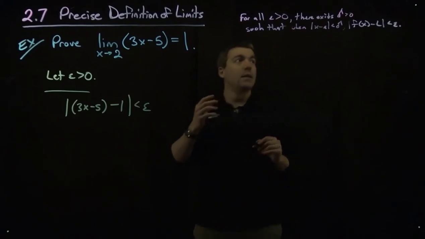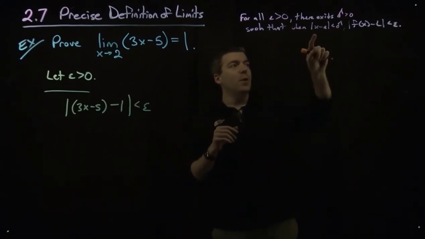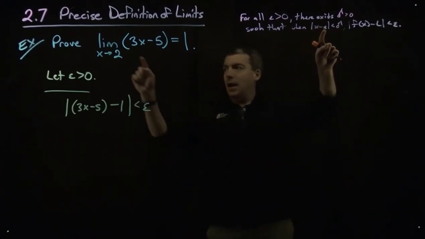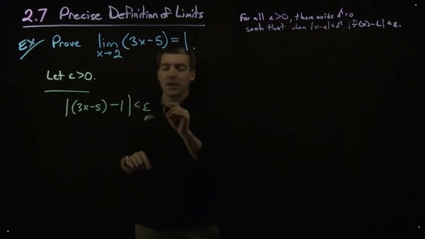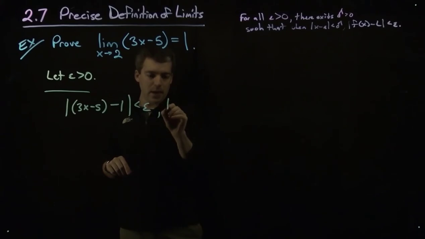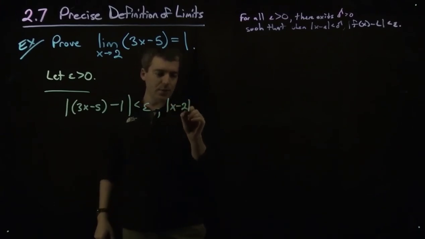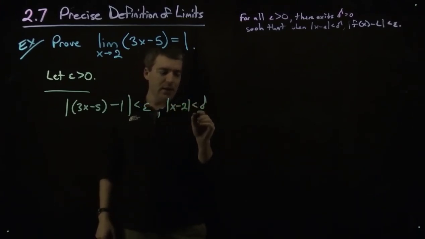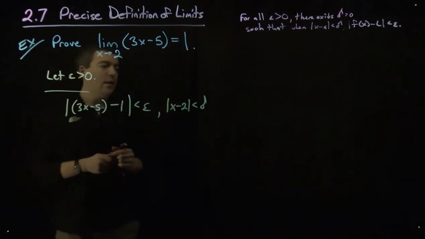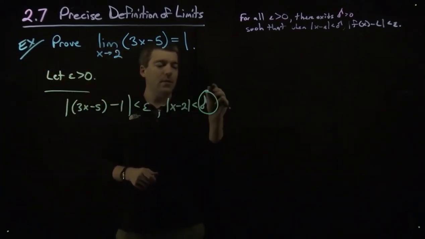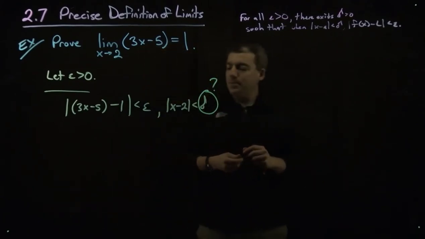Now the delta is going to have this form, x minus the a, and the a here is 2. So we're looking for x minus 2 less than the delta. And the question is, what is the delta?